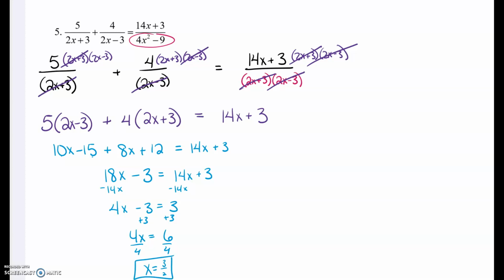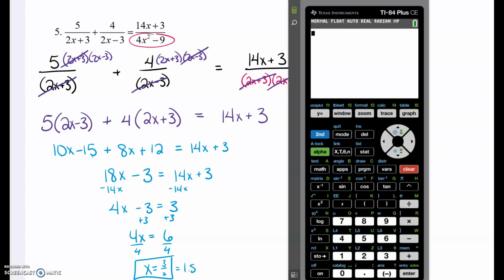Now check. 2 times 1.5. It might be helpful to put this as a decimal here. So in the original problem, 2 times 1.5 plus 3, not 0. 2 times 1.5 minus 3 is 0.